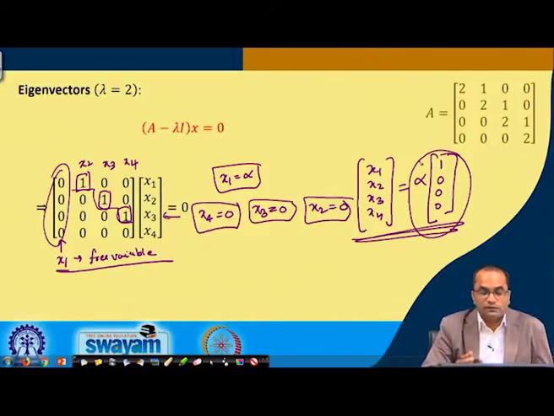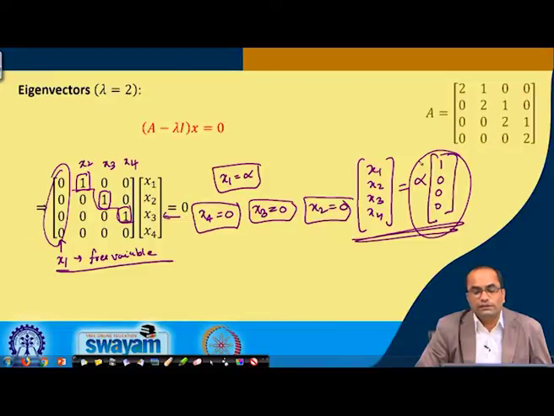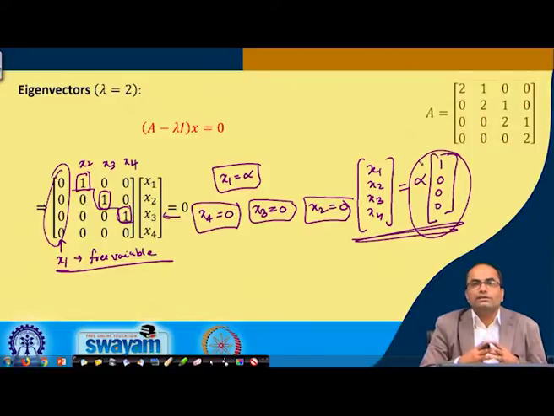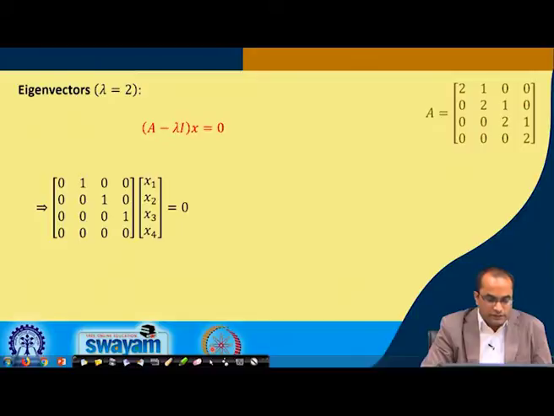What we want to discuss with this example is that, just by looking directly at the eigenvalue, whether it is repeated several times, we cannot claim how many linearly independent eigenvectors we will get. The eigenvalue was repeated 4 times, but we are getting only one linearly independent eigenvector, and that is 1 0 0 0 in this case.